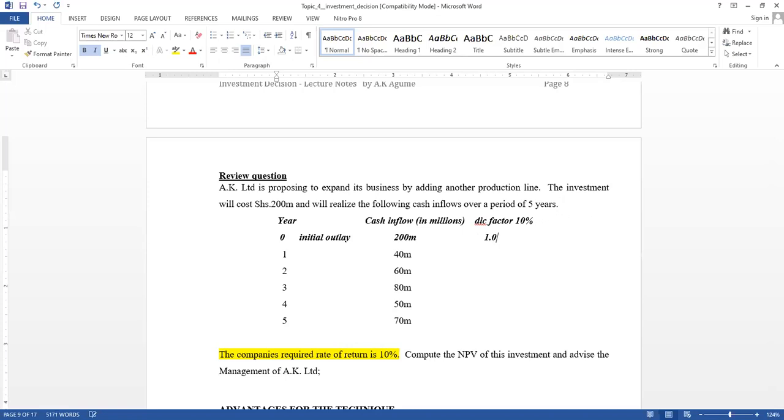Okay. And then I will be getting those discount factors multiplied by the cash flows, so that I get the present value, PV. And for year 0, 200 million, of course, is a cash outflow because you are spending. And then if I get 200 million times 1, of course, the present value will be 200 million.